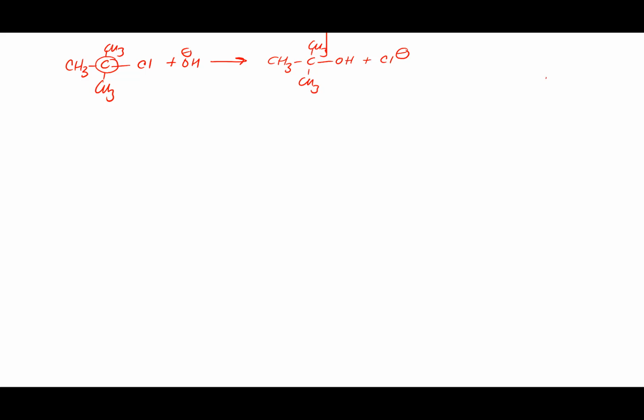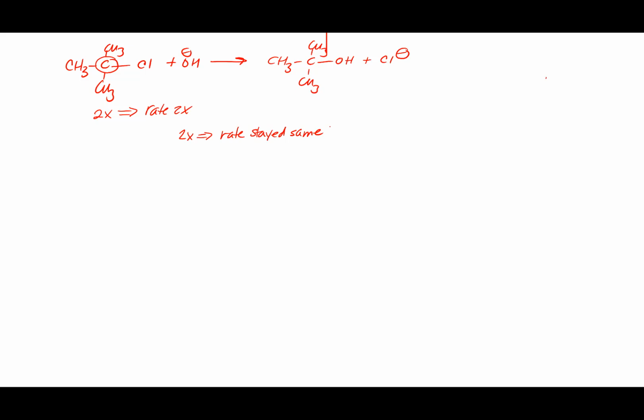So somebody goes and they do this reaction, and they find out that when they double the concentration of the alkyl halide, the reaction rate doubled. And then when they doubled the concentration of the hydroxide, the rate stayed the same.